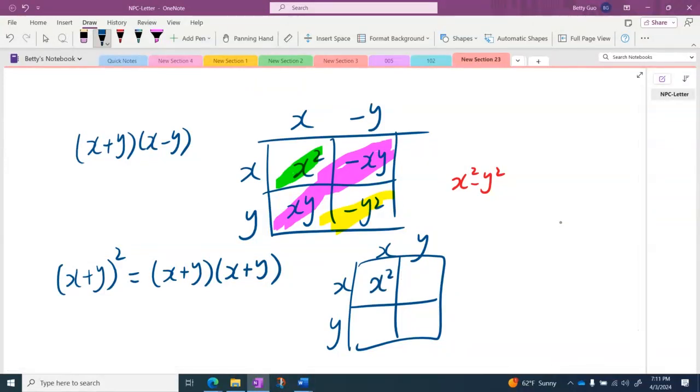X times x, x squared. X times y, x times y, y times y, y squared. And do the color again.